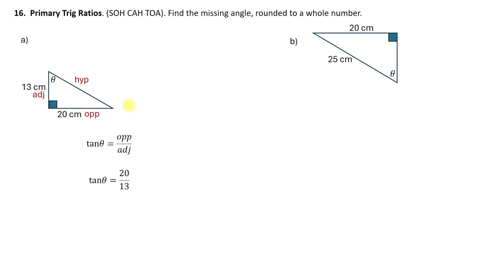Once we have tan theta equals 20 over 13, we can find out what theta is by itself by taking the inverse tan of 20 over 13. At this point, we'll plug in our values into our calculator and end up with an answer which will round to 57 degrees.